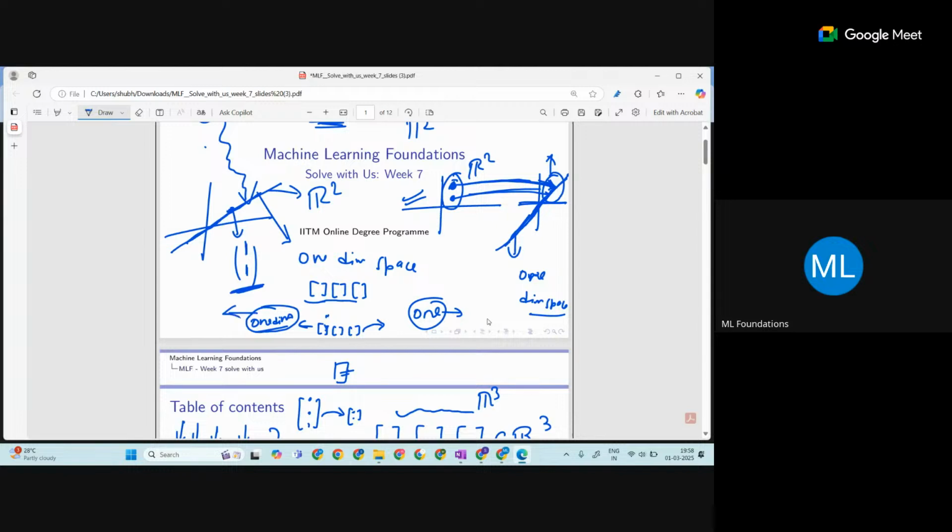To get this space, you will construct a matrix using this vector, and with A A transpose, you will find the covariance matrix. Then you will find the eigenvector of that covariance matrix and choose the greatest eigenvalue.